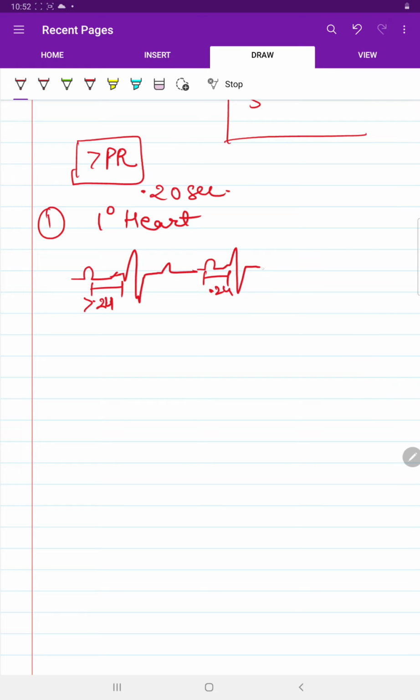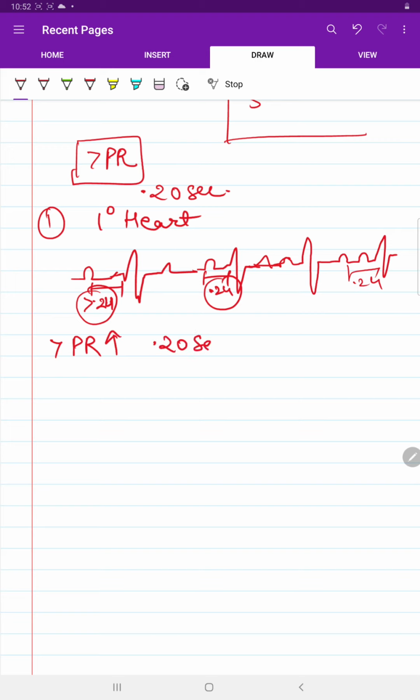The PR interval is constant. Hope you understand what I'm saying, that there is a constant interval more than 0.2. Please don't go through this diagram. What I want to say is that in first degree heart block, there is an increase in PR interval more than 0.20 second, and this will be constant throughout the ECG strip.